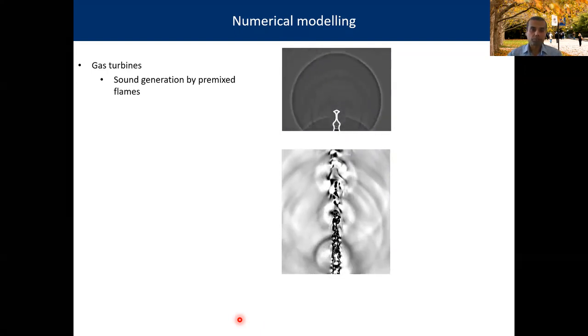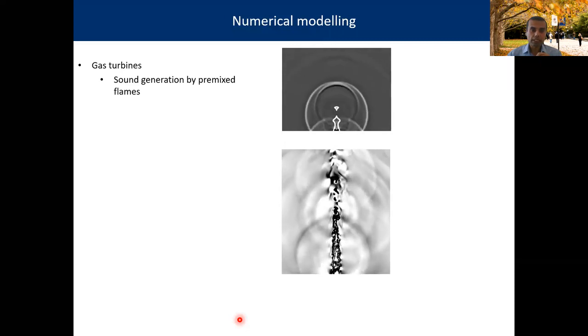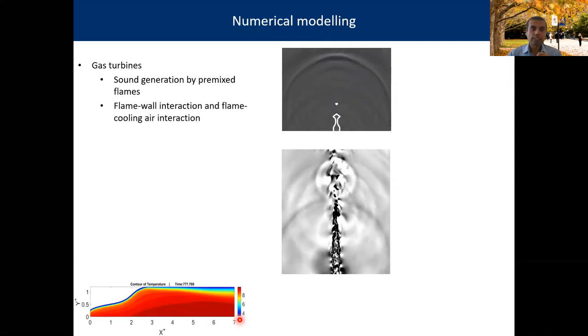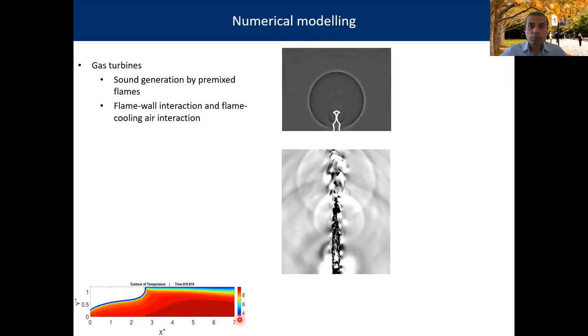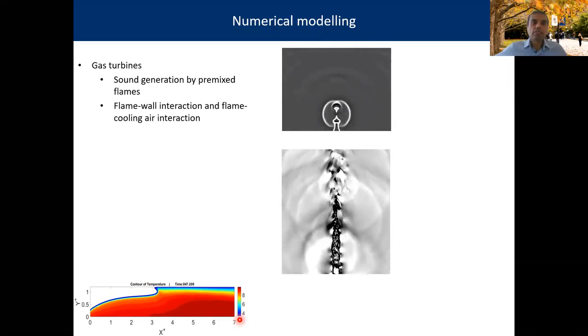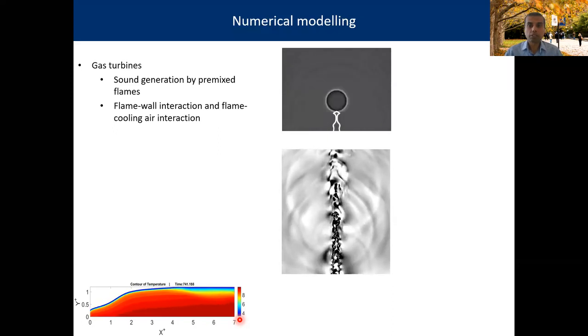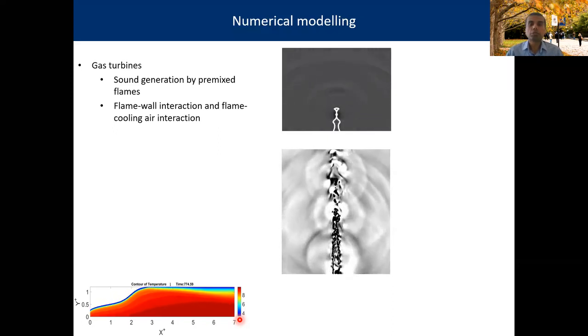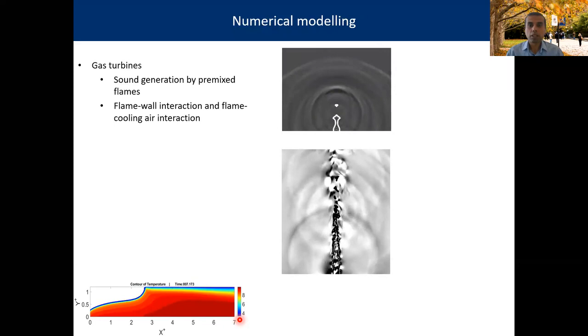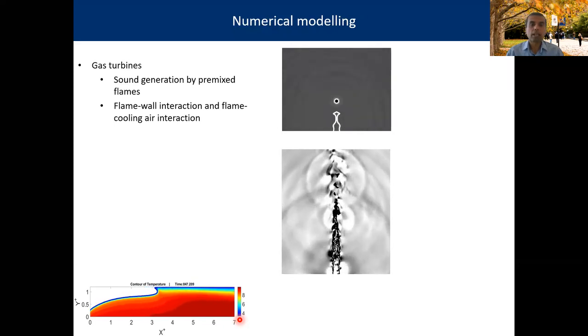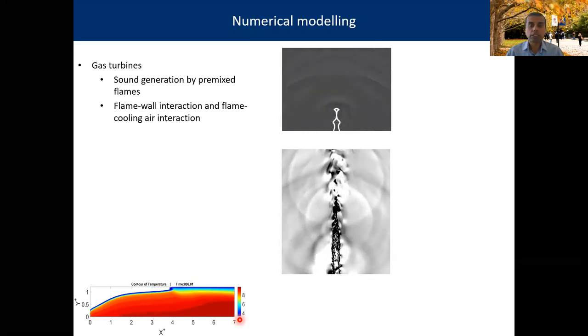I'll discuss that in more detail in a couple of minutes. The second problem we're working on is flame wall interaction and flame cooling air interaction. These phenomena occur in a gas turbine combustor, and they've been known to affect flame dynamics and can play a role in emissions in gas turbines.